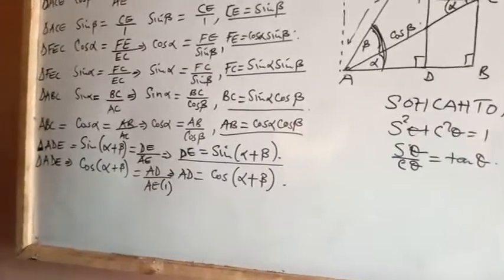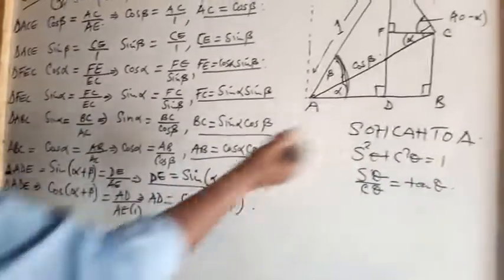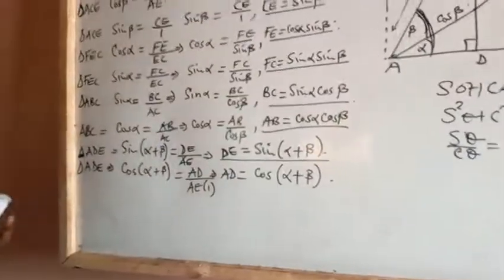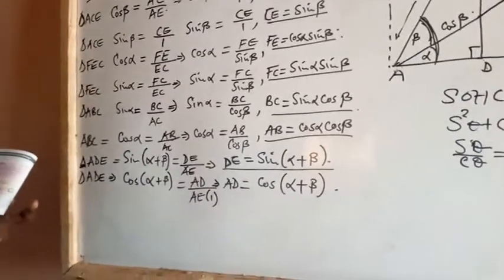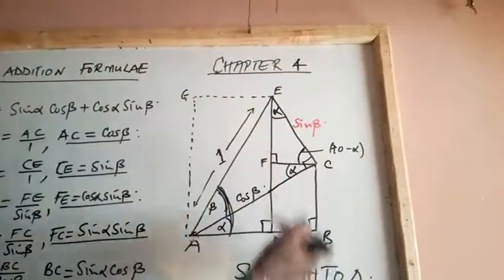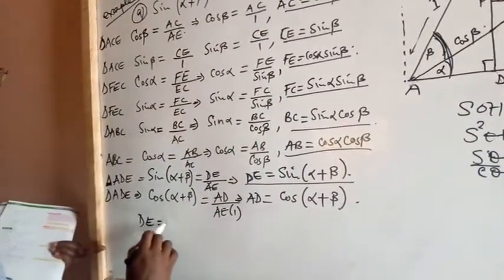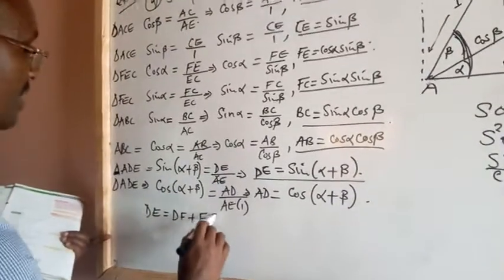Now, if we are interested in expressing DE as a line, we can see that DE is equal to DF plus FE.